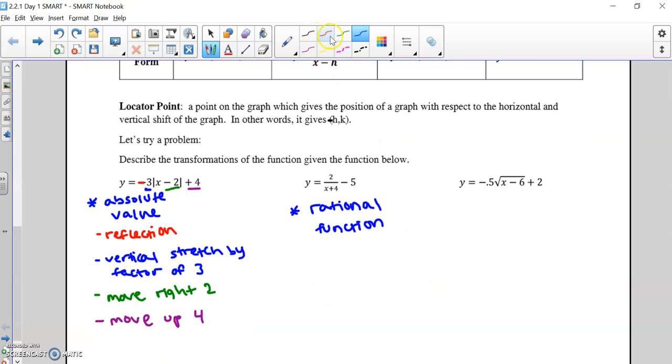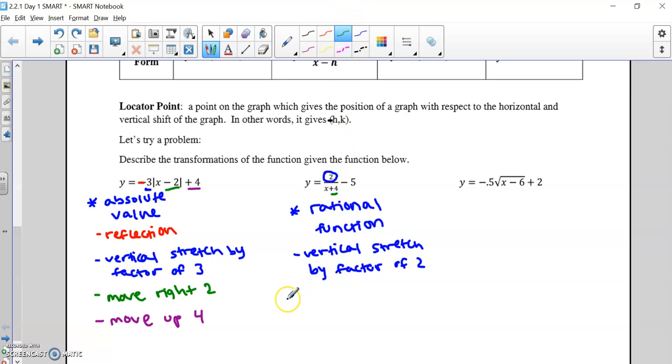So we can say that we have a vertical stretch. This 2 is an indicator of a vertical stretch by a factor of 2. We have an h down here.